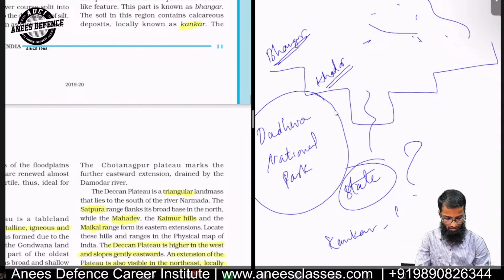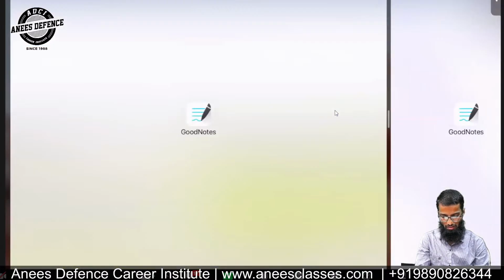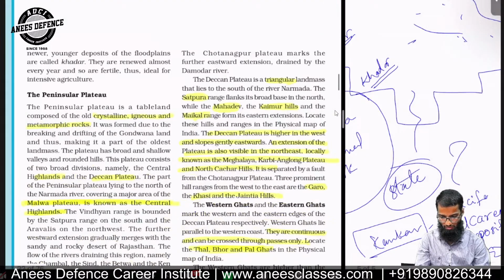Calciferous deposits. These are like this only, stone-type structures. These are called kankar. In Hindi, kankar means stone, right?